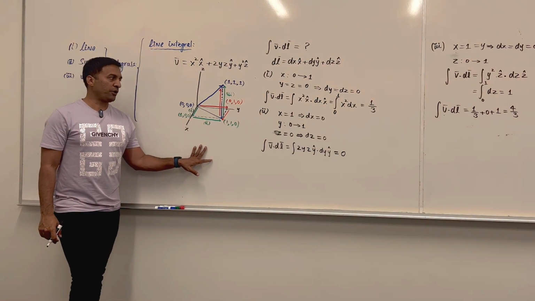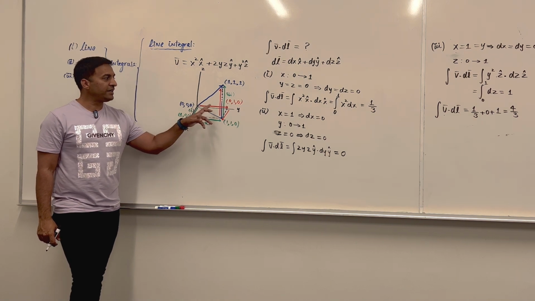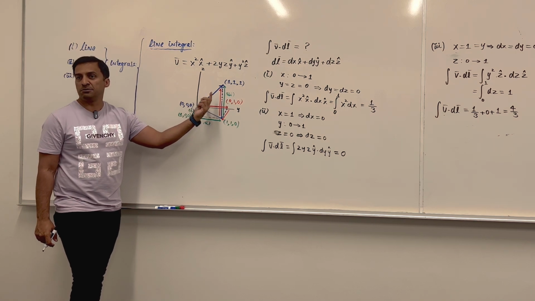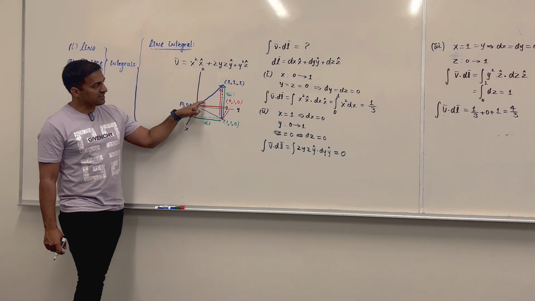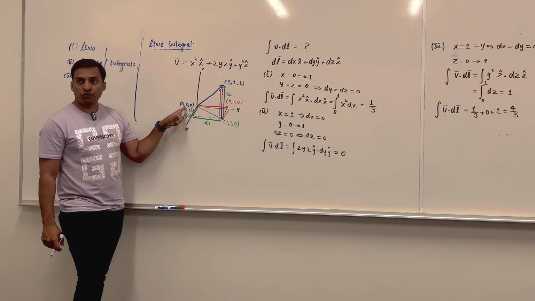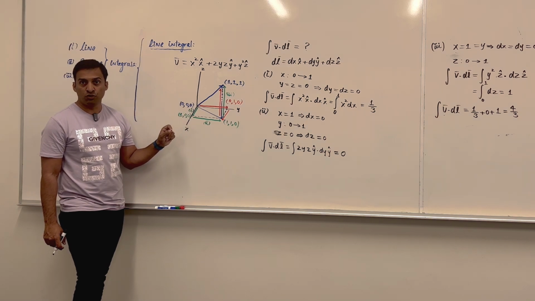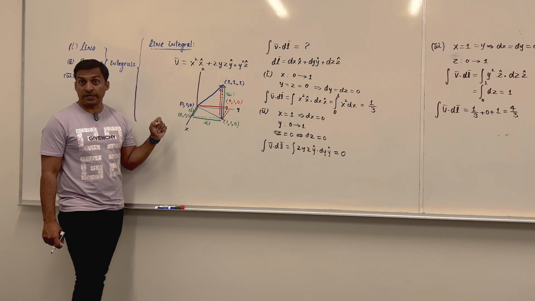At the start of this problem, I claimed that no matter which path you take, your answer should match. So I will leave this red path for you, but I'm going to solve this blue path because this is the most important one. Why? Because along this blue path, we go from (0, 0, 0) directly to (1, 1, 1), which means at the same time when we move, the x coordinate changes, the y coordinate changes and the z coordinate changes.